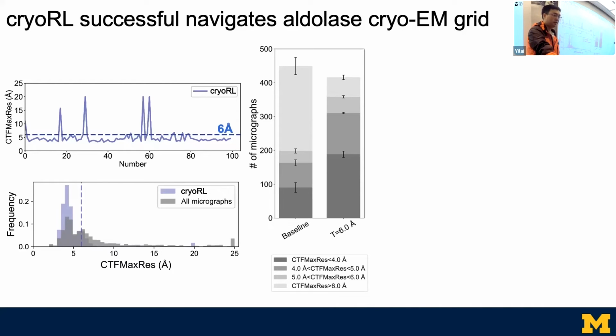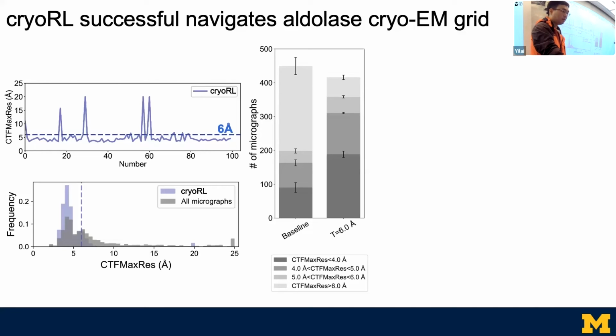This is also shown here, where the baseline is the naive baseline I introduced before, and the cryo-RL's performance is plotted on the right. This is plotting the number of micrographs during an 8-hour time duration for a simulation.